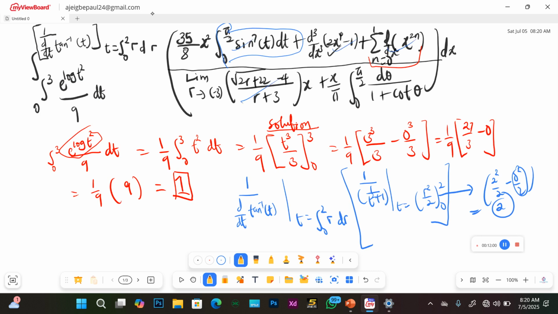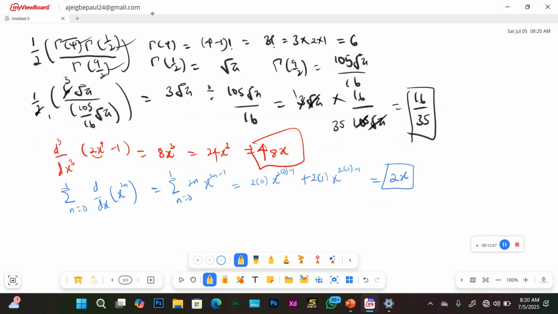Now let's deal with the denominator. The first one we have is a limit. So now let's solve that limit. Let me use red ink for that.